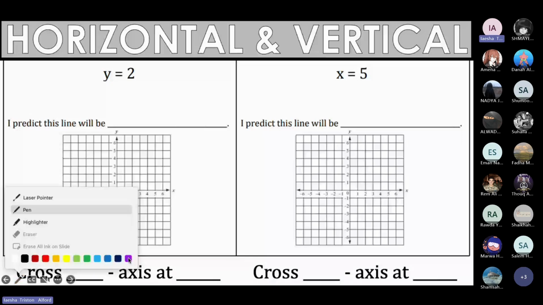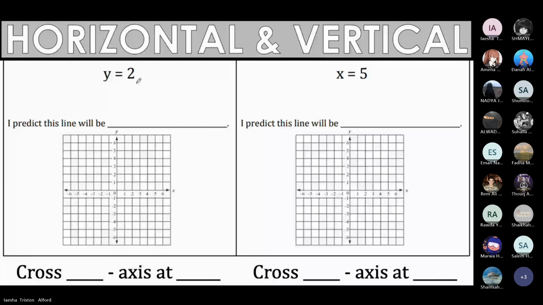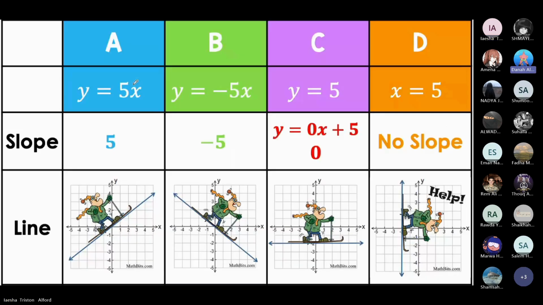Positive 2? The slope is not positive 2. Is it the line? No, it's the slope. 0.